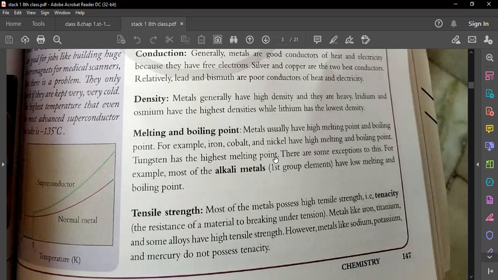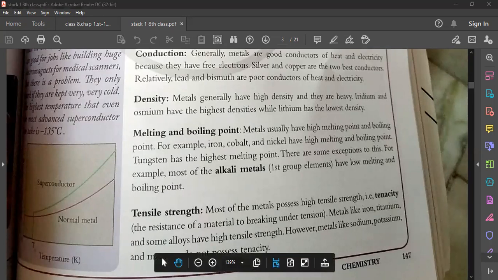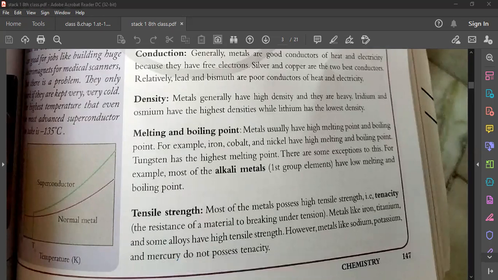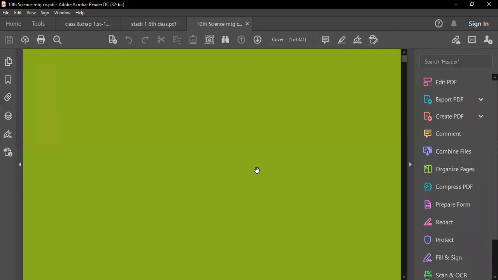Any other property for metals? You have to tell. Other than that, the atomic part comes: how many electrons they have in their valence shell, and what they do while forming ions, cations and anions.